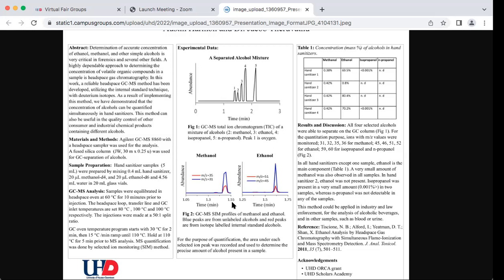And it also showed that hand sanitizer number 2 contained the smallest amount of ethanol, but actually it was claimed to contain 0% ethanol.